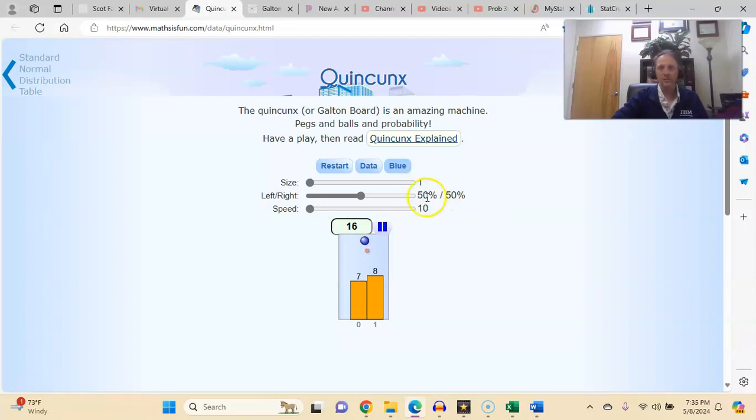We're going to parameterize these numbers and make them into variables for this course. So let's keep track of this. We've got a size, number of pegs, number of trials. That's what we call lowercase n. The probability of a success, the probability of bouncing to the right, is called P. And the probability of a failure, the probability of bouncing to the left, is Q.